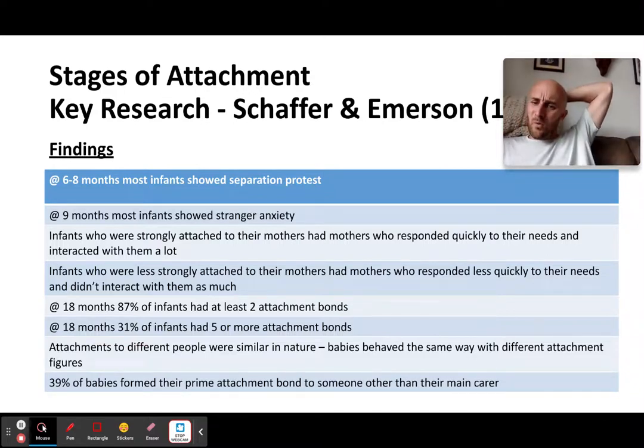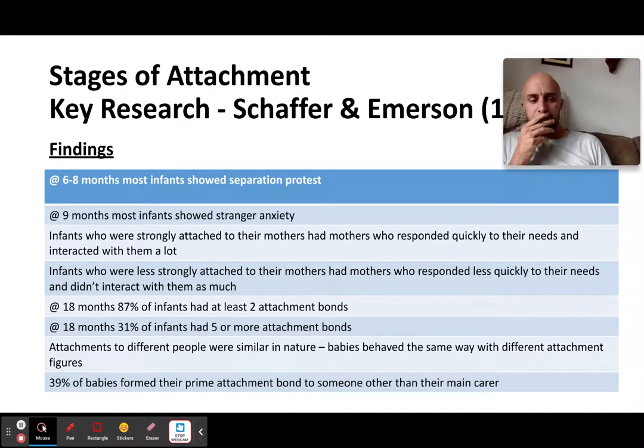But probably the most important finding, I think, is the bottom one. Let's just round it up. 40% of babies had their primary attachment to someone other than the person who looked after them the most.